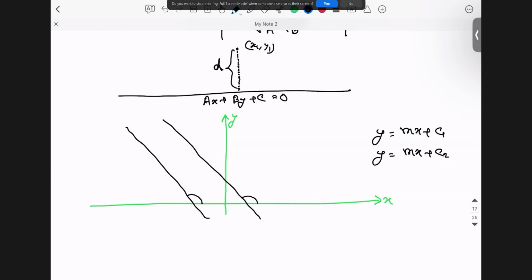Here one should point out that this m should be equal. Why? Because the lines are parallel, so their slopes will be the same.